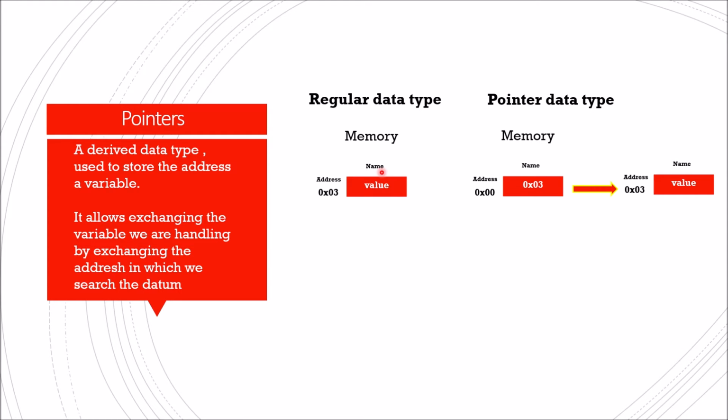However, a pointer data type will have the following representation. It also occupies an address in memory. We can give it a name. However, it does not store here a normal value like the other ones, but actually an address. So this address will allow us, by managing this pointer, to indirectly access the value in this variable.